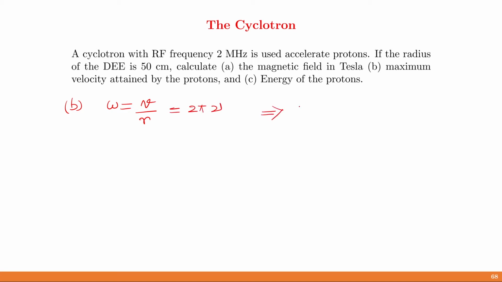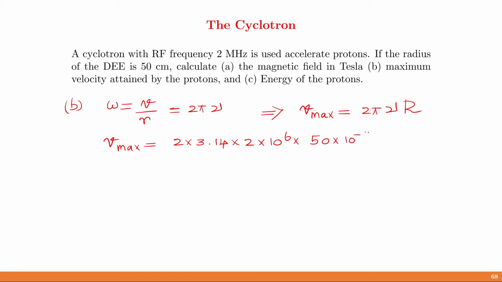From this relationship, we can write V max equal to 2 pi nu times R, where R is the maximum radius of the D. Therefore, V max is equal to 2 times 3.14 times 2 times 10 power 6 times 50 times 10 raised to minus 2. So this is equal to 6.28 times 10 raised to 6 meter per second.